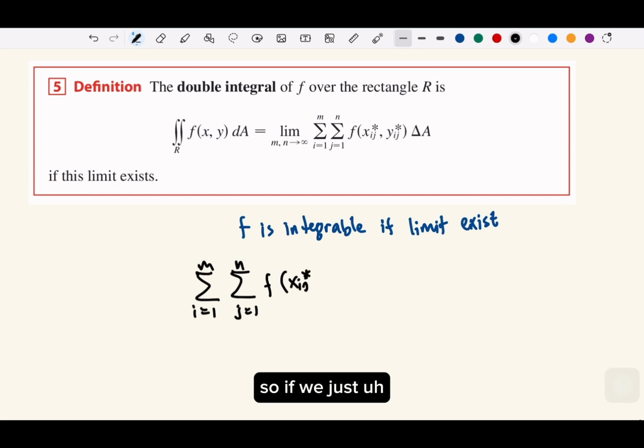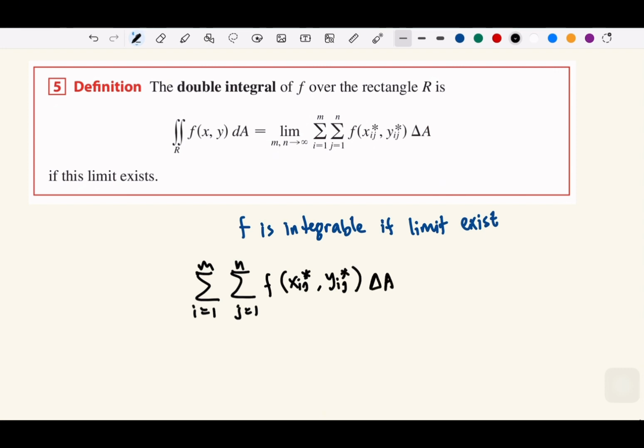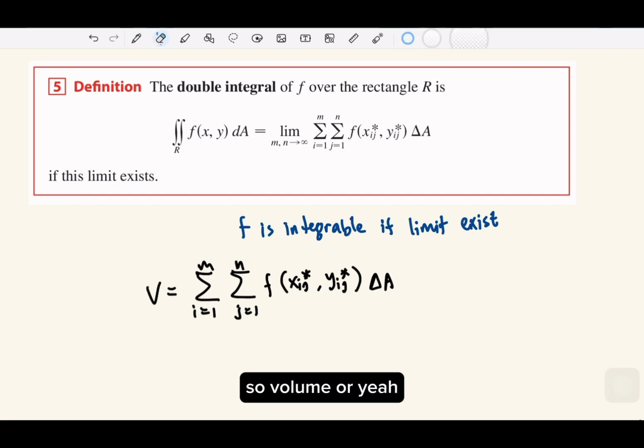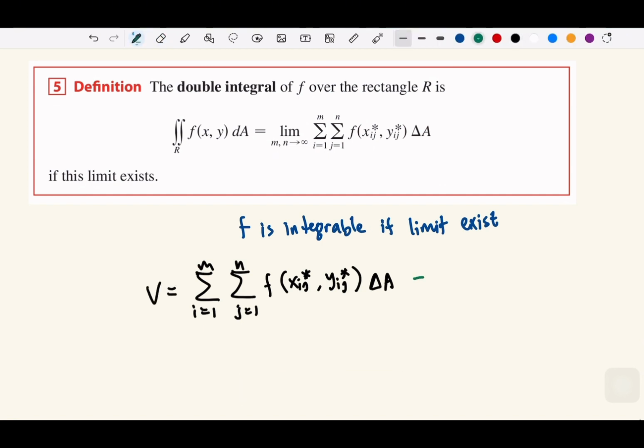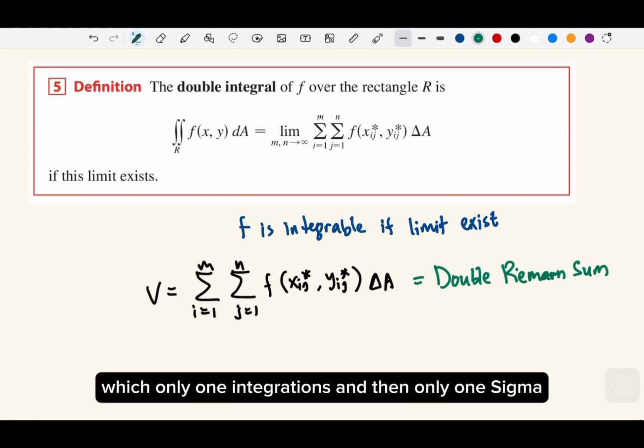If we just compute only the approximation, this is what we call the double Riemann sum. If you remember, in calculus 1 we have the Riemann sum, which has only one integration and only one sigma. Now we have double sigma.